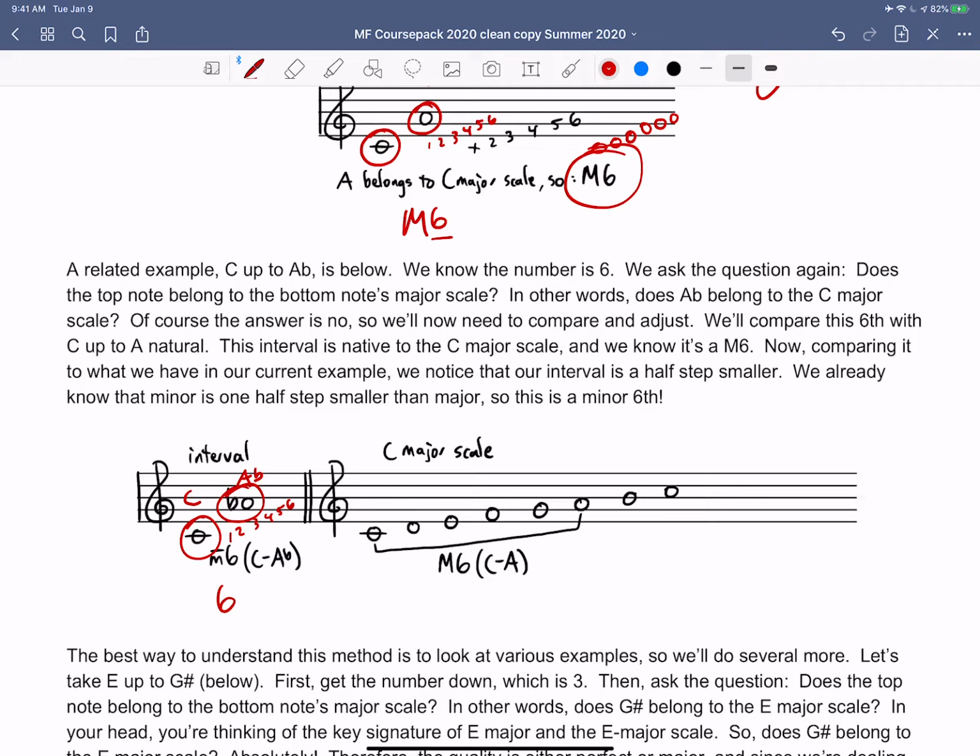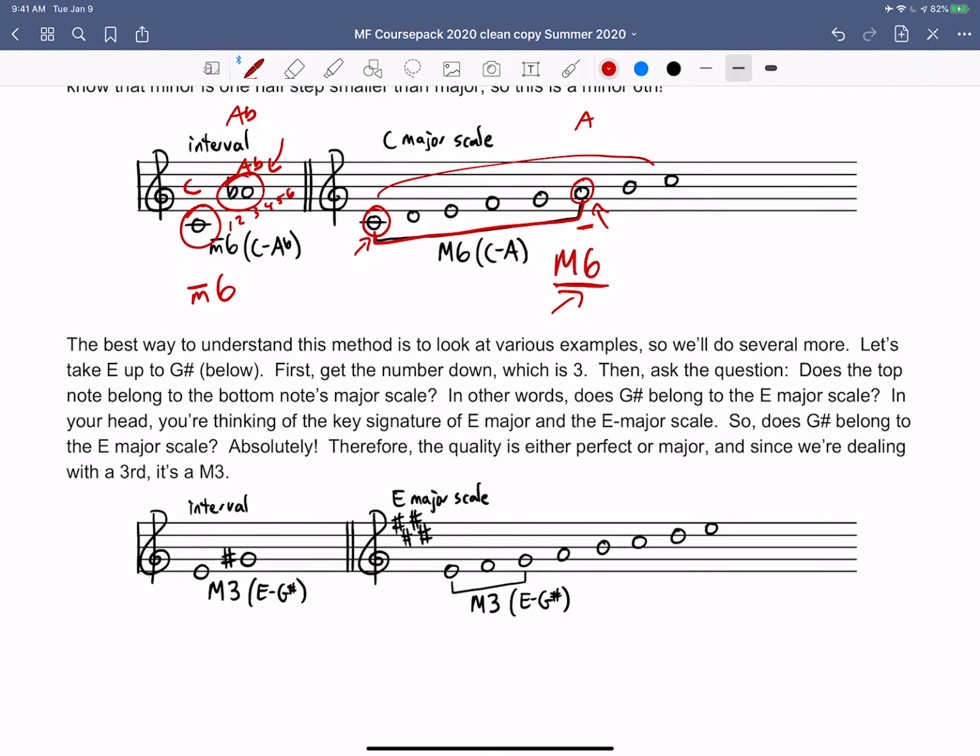Is that interval, that distance between the two notes, larger or smaller than what we have over here? Well, since we have an A flat, the top note is therefore a half step closer to the bottom note than regular A was. So the interval is smaller by a half step. Well, that's information that we can use, right? What is going to be smaller than a major sixth by a half step? Well, you learned this a few sections ago in the previous chapter. It is going to be a minor sixth, and we can say that definitively.